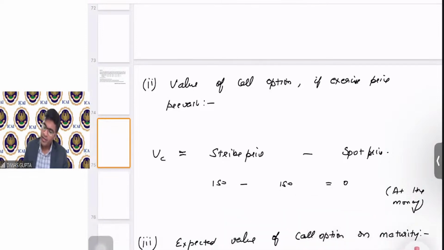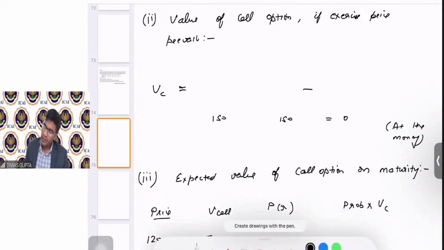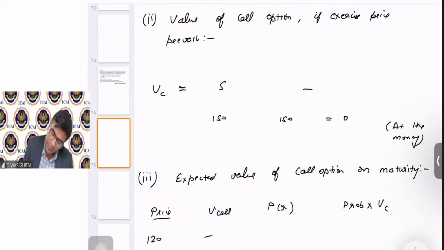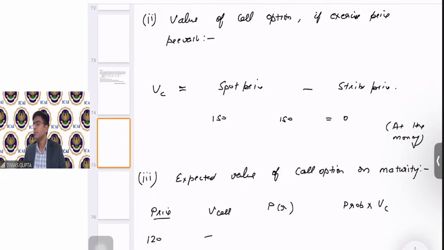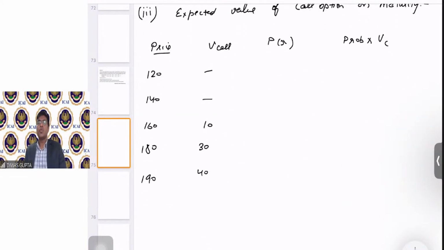I should put vice versa. I should put here spot price first minus strike price. Correct? So yes. So 190 minus 150 will give us the value of call as 40 rupees.